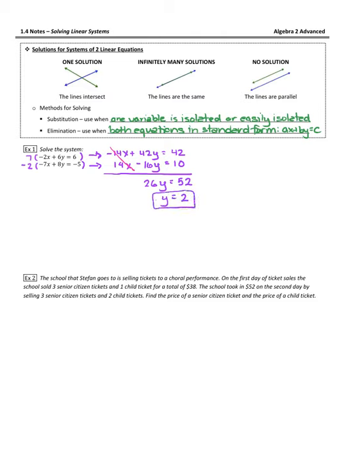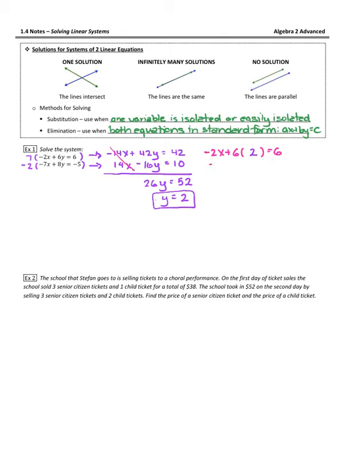So now all you have to do is back substitute. It does not matter which equation you plug it into. I'm going to plug it into the original first equation where we had -2 times x plus 6 times, we'll be substituting in our y. So remember we solved that y was 2.